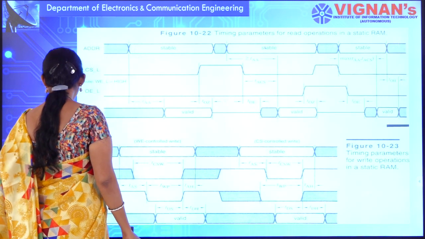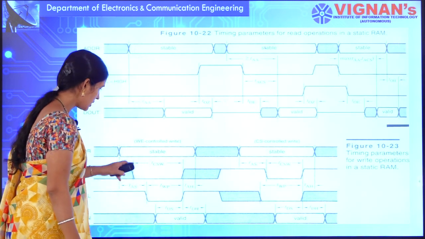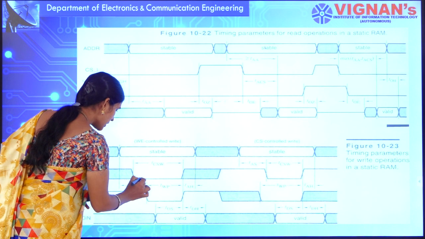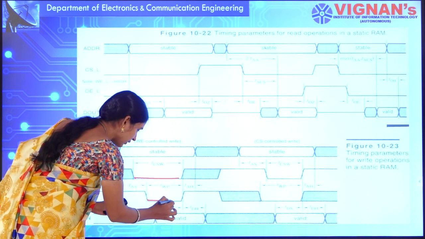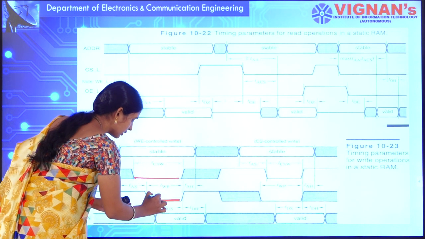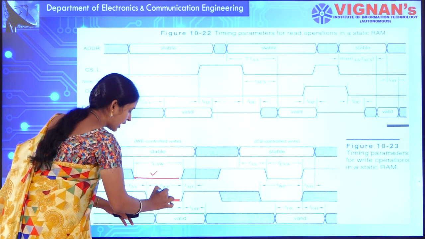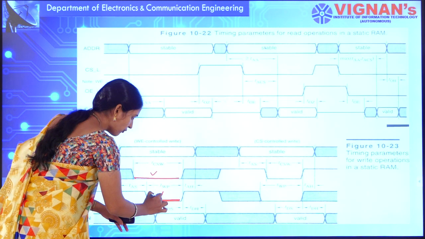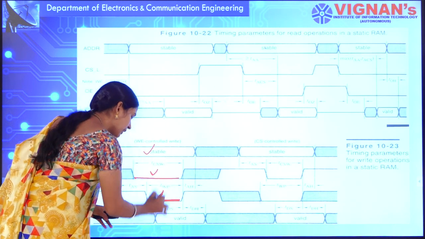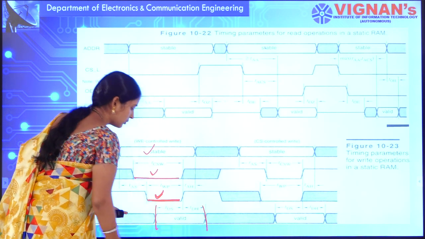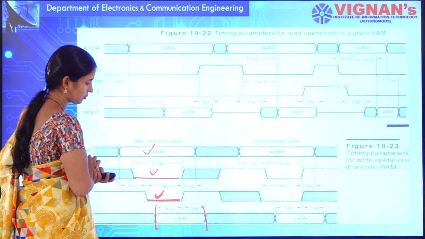What about your write operation? Coming here, your chip select is low, and you are enabling write here. When write is enabled, chip select is asserted, and address is available, only then can you write the data into that particular chip.